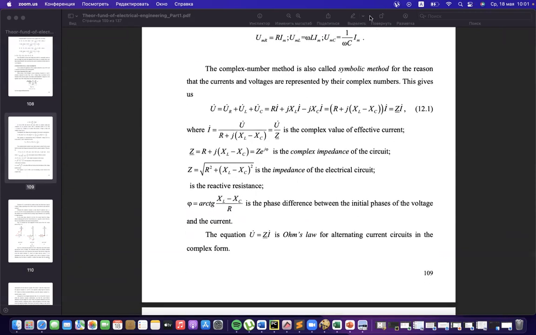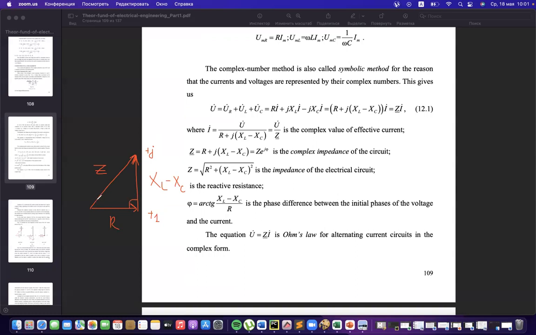Okay, let's show it here. On the real axis of real numbers, you have R. On the imaginary axis of imaginary numbers, you have your X, XL minus XC. And the impedance vector will be the hypotenuse of this triangle.